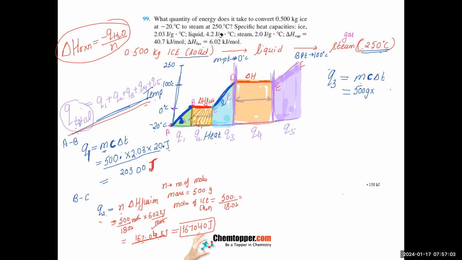You can see it? Yes, this one. Take this value, 4.2. Give me delta T. Look at the graph. What is delta T? This temperature is 100. So what is delta T? 100. Answer will be in joules because C is in joules. What's the final answer?